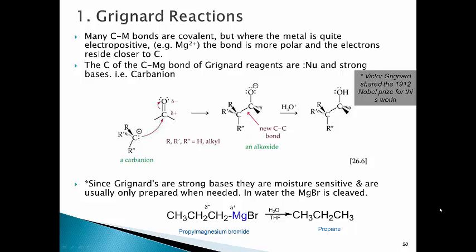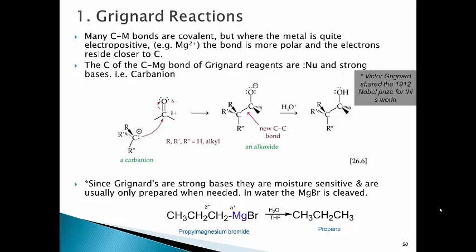These are actually quite difficult reactions to get good yields on. I have done them quite a few times in the past, unfortunately on very large scales, which wasn't too pleasant. The Grignard reagent that you're making is a very strong base, that carbanion, and they're moisture sensitive and are usually prepared fresh on the spot with absolutely no water in sight.